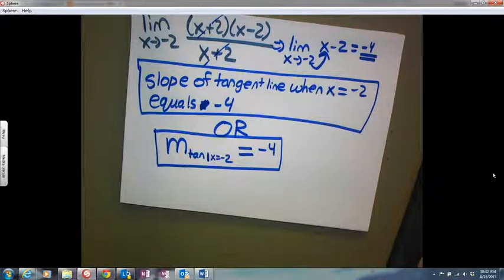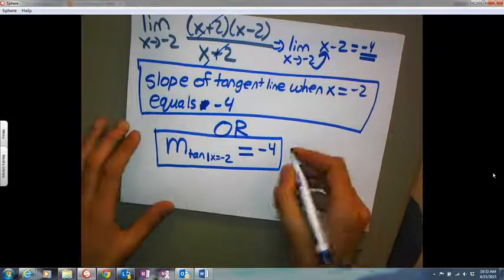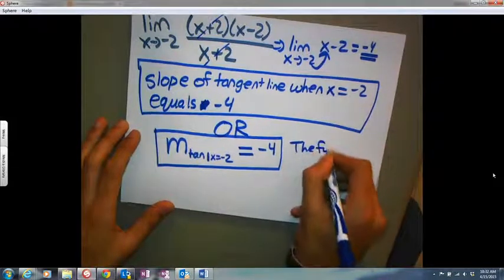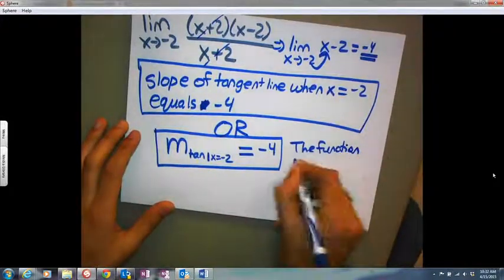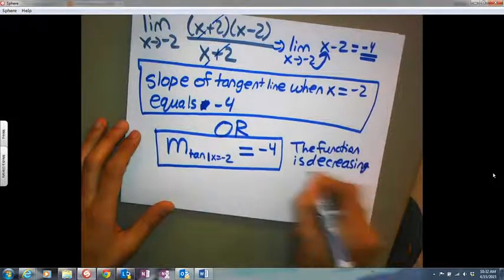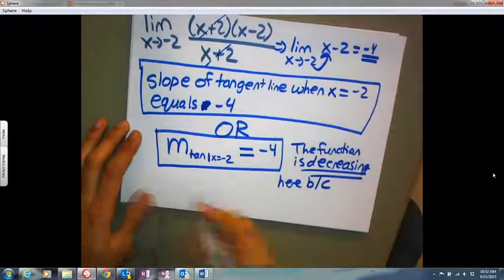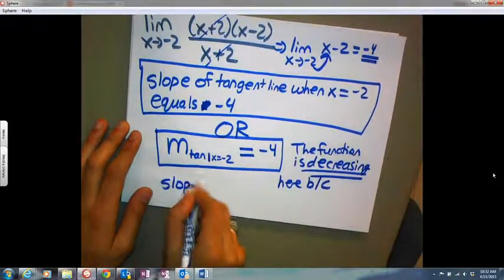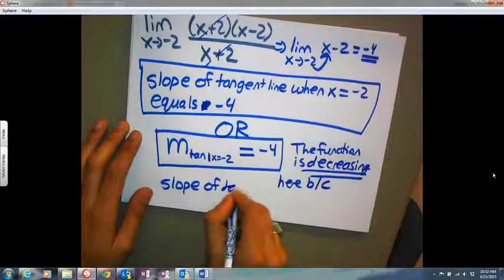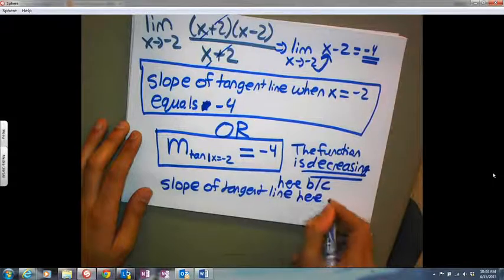Okay. So the next part says, is the function increasing, decreasing, or neither here? You need to write the function is decreasing here because the slope of the tangent line here is negative.